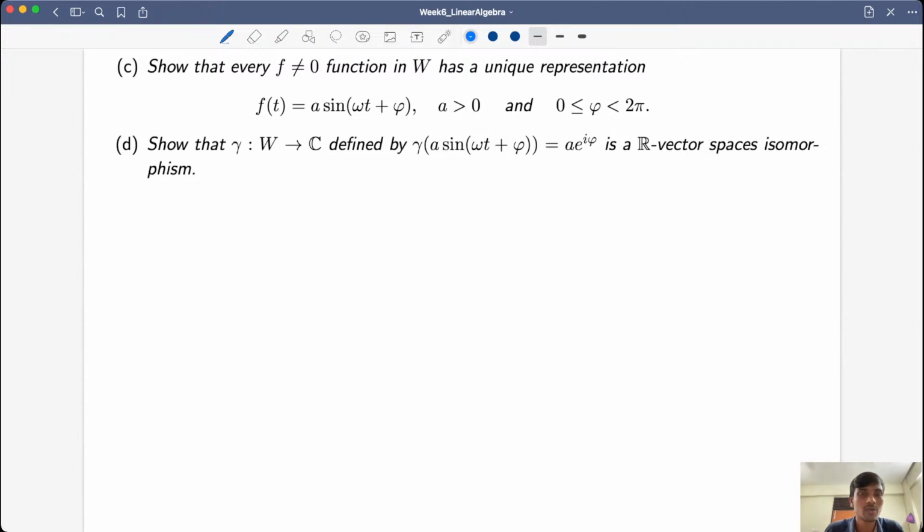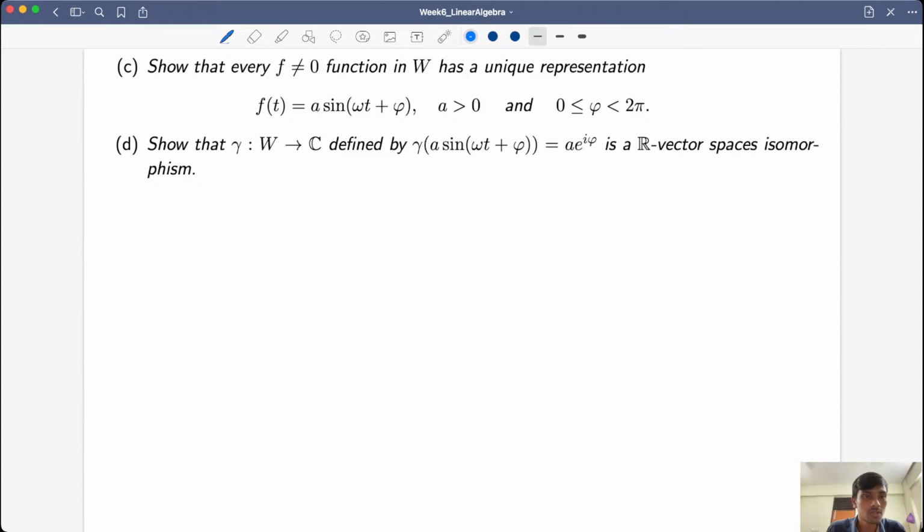And the second thing is you can define a linear map from W to C, where C is a vector space over R with the usual addition and scalar multiplication. And then this linear map is actually a vector space isomorphism.